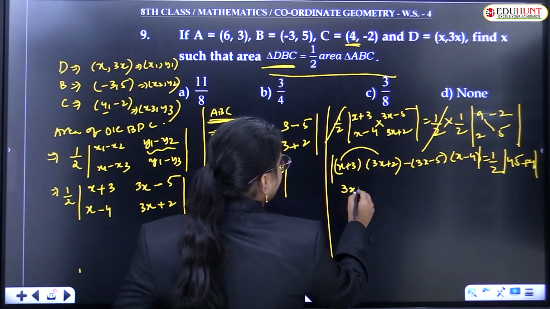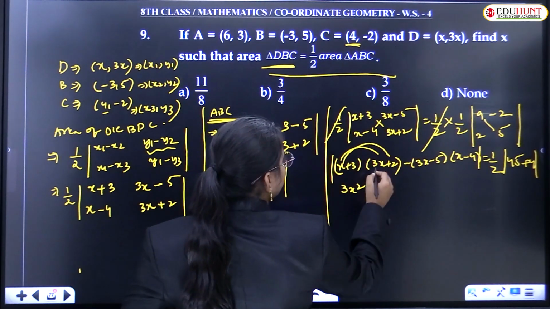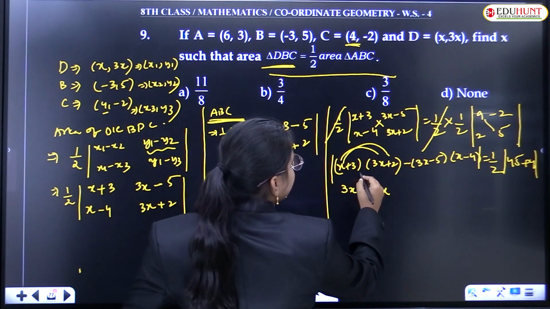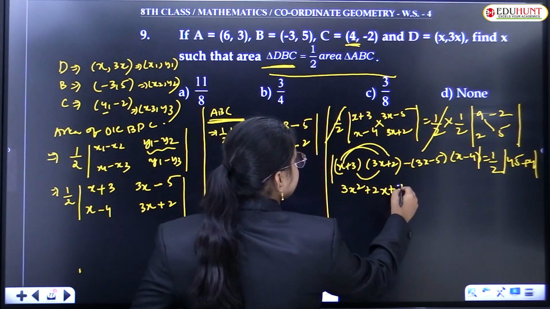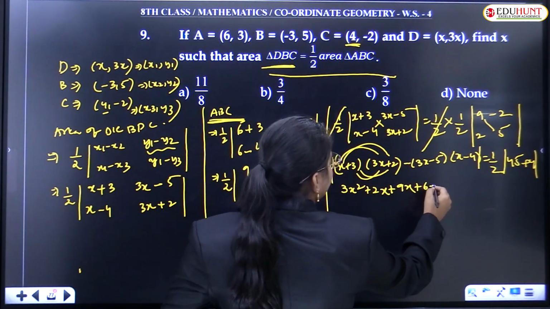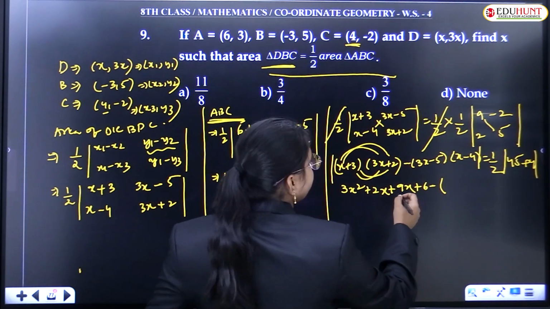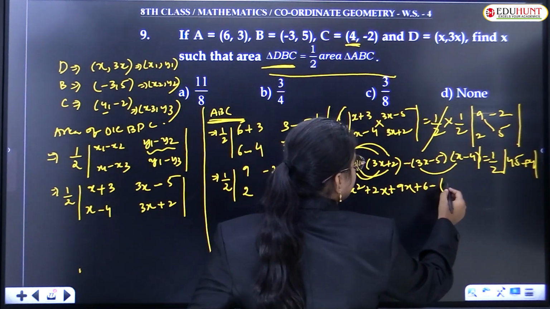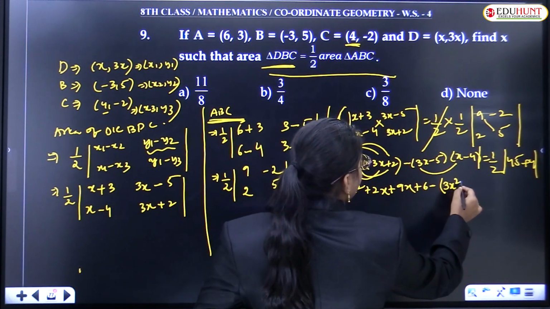x into 3x is 3x square, right? x into 2 is plus 2x, 3 into 3x is 9x, 3 into 2 is 6, minus, what will this value become? 3x into x is 3x square, right?